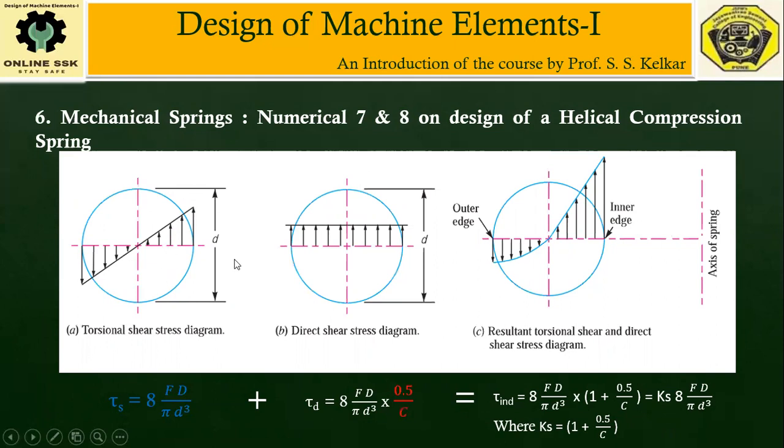Now, the helical compression as well as tensile springs are subjected to shearing stresses. There will be torsional shear of the spring wire, which will be given by 8 times FD upon pi d cube.